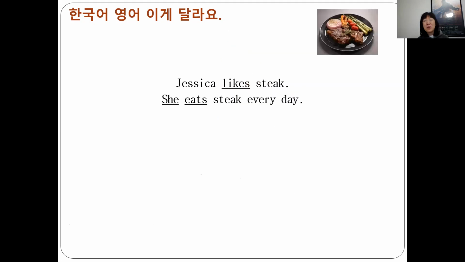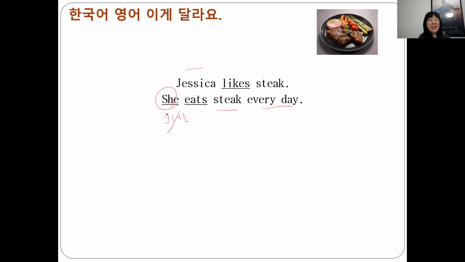Next, 봅시다. Jessica likes steak. She eats steak every day, right? 자, 그래서 when I see my students' translations into Korean for some English sentences, they usually translate this way. 제시카는 스테이크를 좋아해요. 그녀는 매일 스테이크를 먹어요.